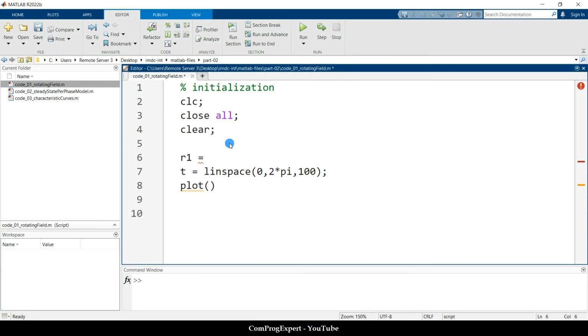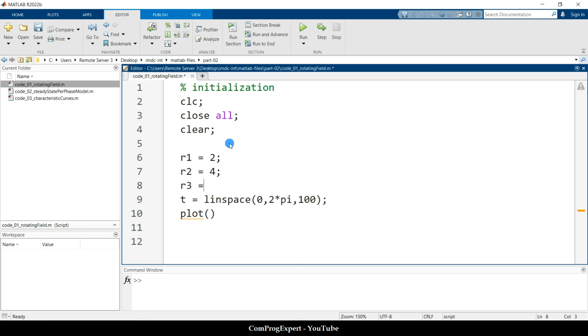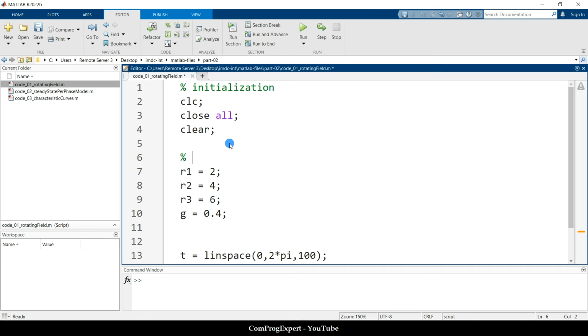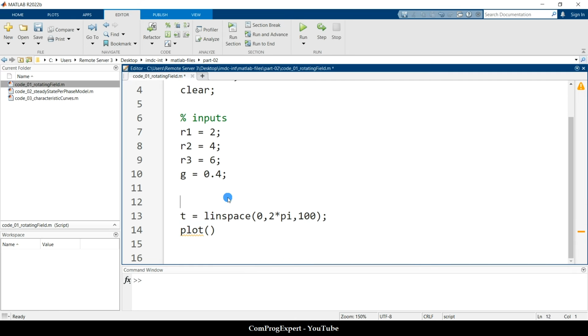R1 equal to 2, for example, R2 equal to 4, and R3 equal to 6. The air gap thickness equal to 0.4. So here we have the inputs or dimensions. And this is the circumferential coordinate T, which here I am going to use to plot these circles. So this is just a geometrical variable.